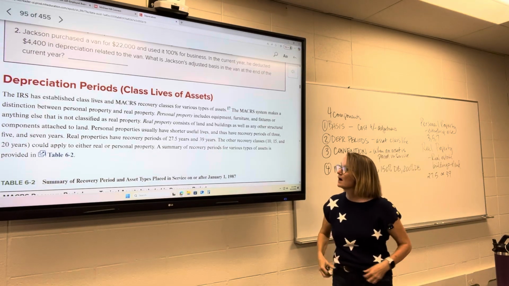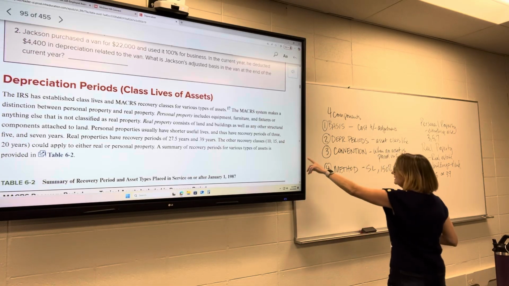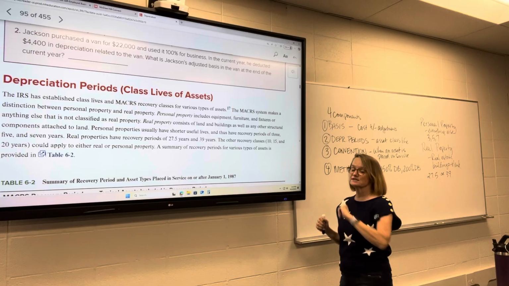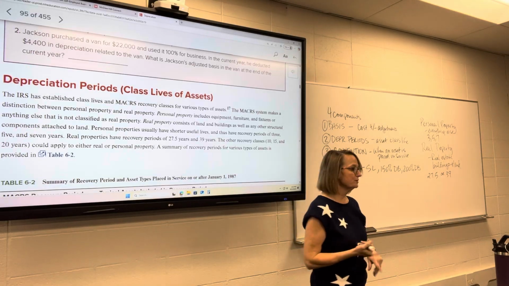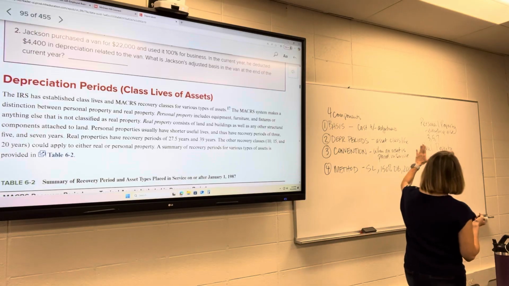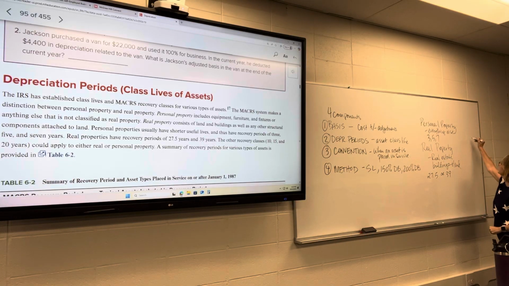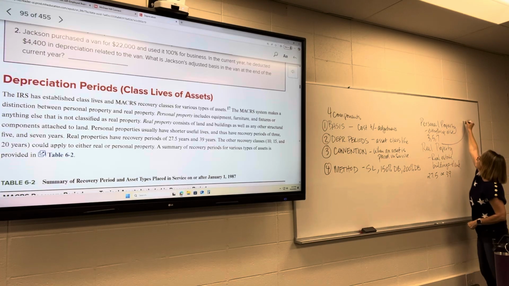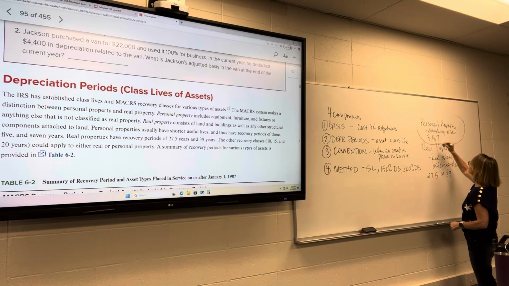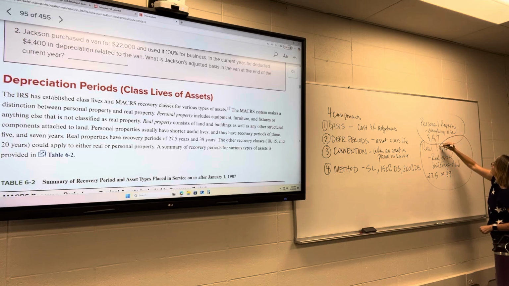Now, there are some other recovery classes or class periods of 10, 15, and 20 years. They could be within those 3 class lives. They could be personal property. They could be real property. So if you were thinking of a Venn diagram, these are separate, but we've got a little overlap here.